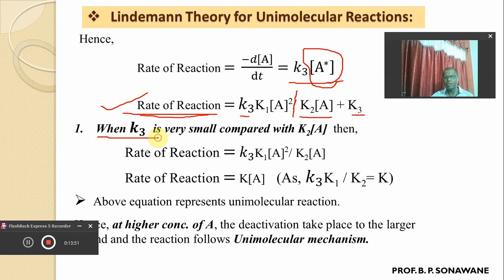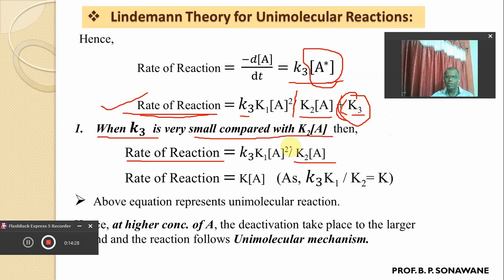First, when K3, the rate constant for the decomposition of the activated molecule, is very small as compared to K2 into A, the concentration of reactant, then its value will be negligible, nearly 0. Therefore, instead of K2 into A plus K3, there will be only K2 into A.